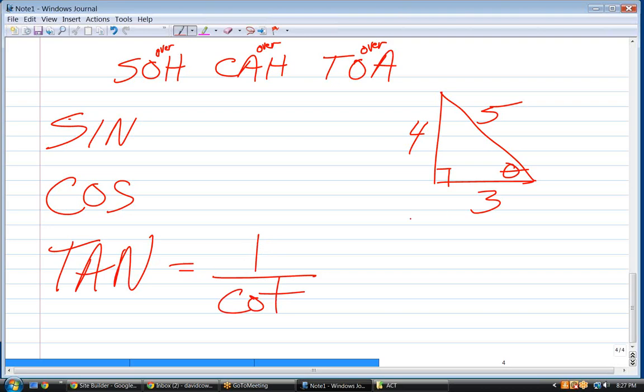So what would the cotangent of theta in my triangle be? Just think of it as the reciprocal. So if the tangent was 4 over 3, what's the cotangent? Oh, 3 over 4. Yes.